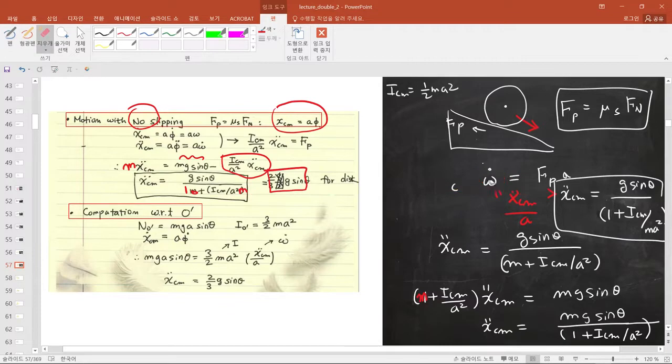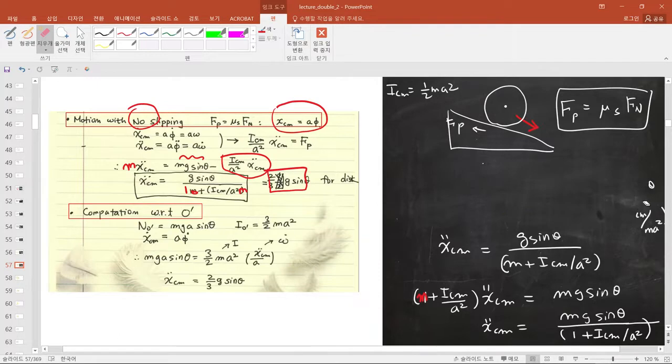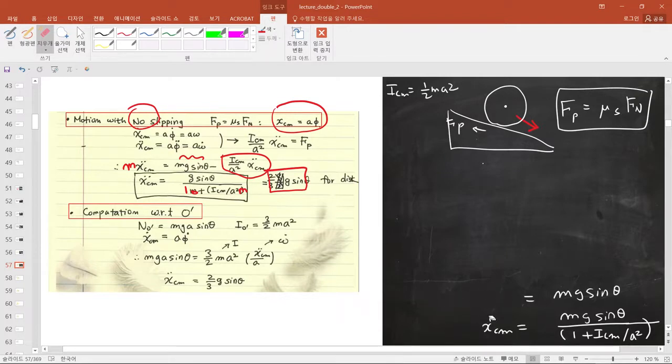Now, so far we have done the computation with respect to the center of mass, but of course it should give you the same acceleration if you calculate it with respect to any point.